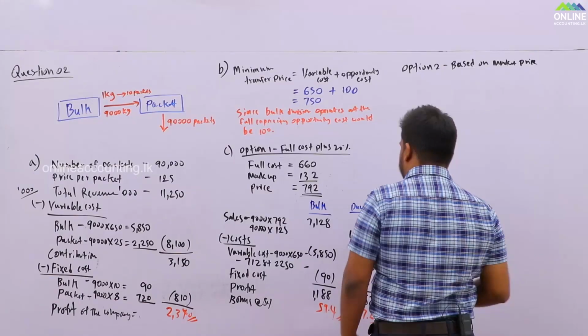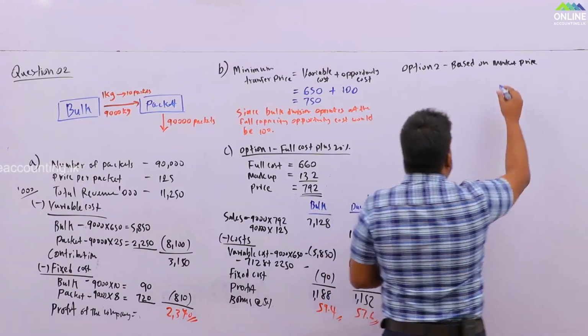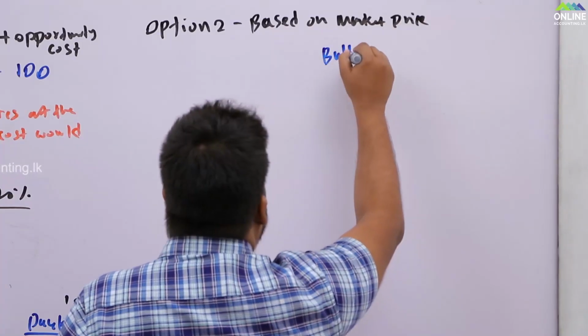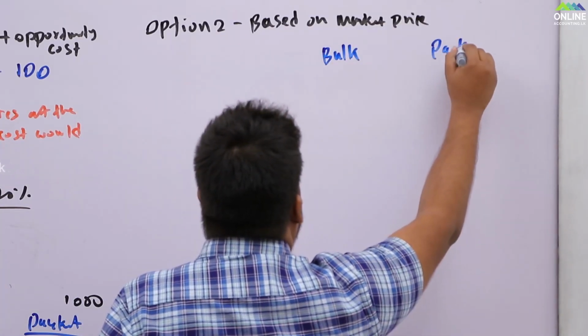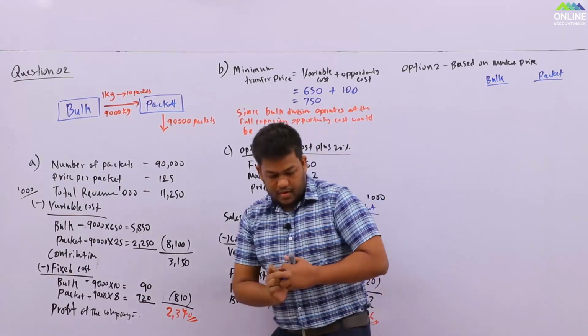Based on market price. So you have the two divisions, bulk and packet. Right?